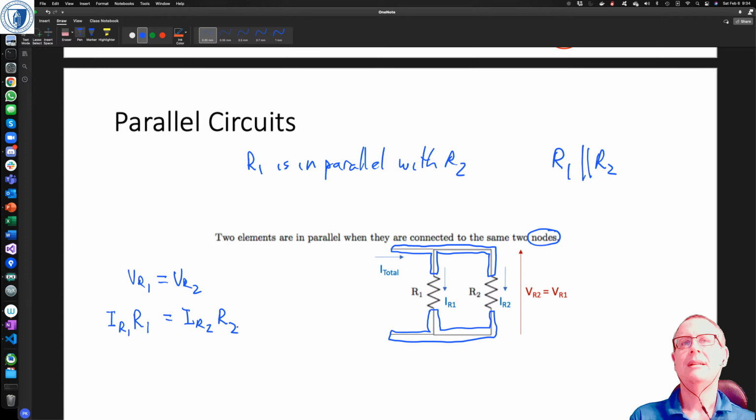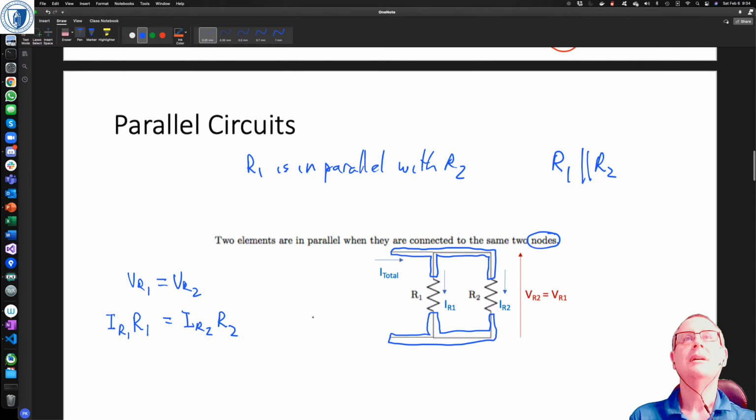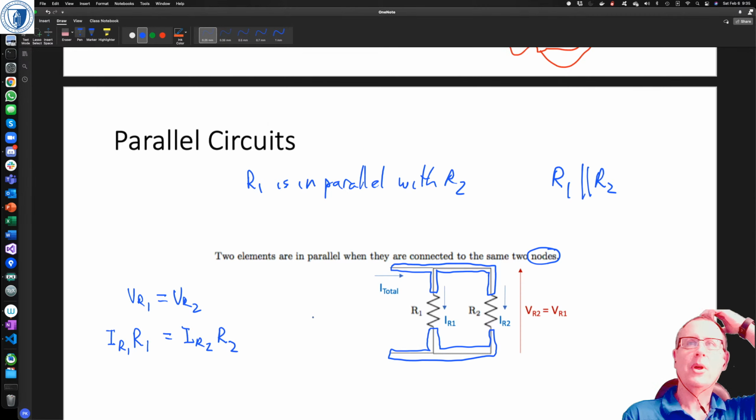Okay, and then the question is, how do we get a single equivalent resistance from those 2 things?